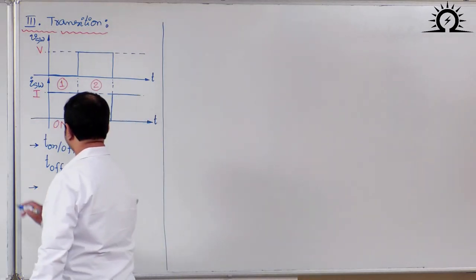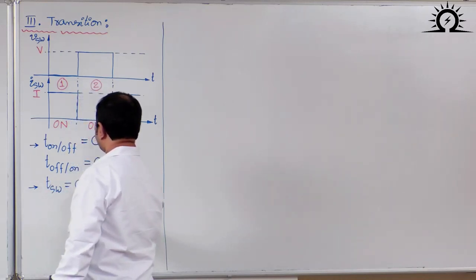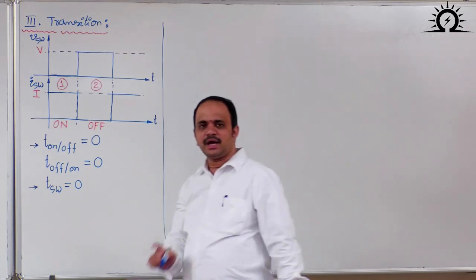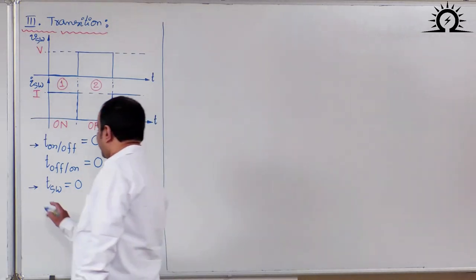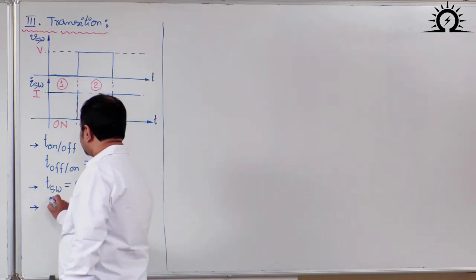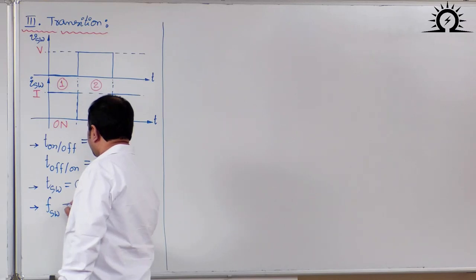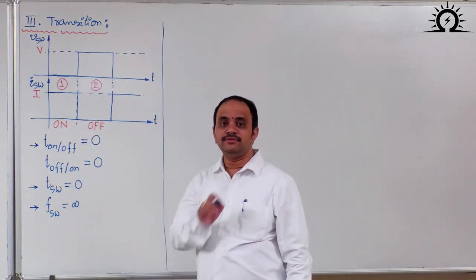So from this we can say that switching times associated with ideal switch will be 0. In other words, reciprocal of switching time, you can say switching frequency is equal to infinity, okay.